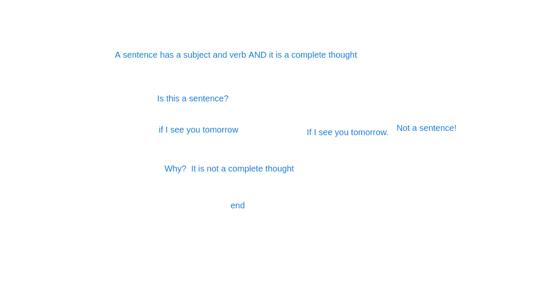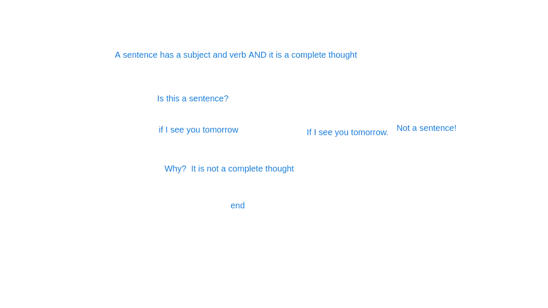So it doesn't make sense by itself. We still are asking questions like, what do you mean? Like if I say, hey guys, if I see you tomorrow, and you think, okay, but what's going to happen if you see me tomorrow, right? So when we make a sentence, we need to look for subjects and verbs, but we also need to make sure it's a complete thought.